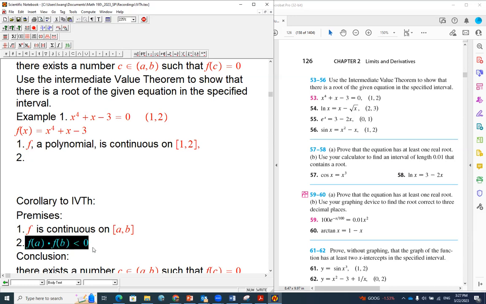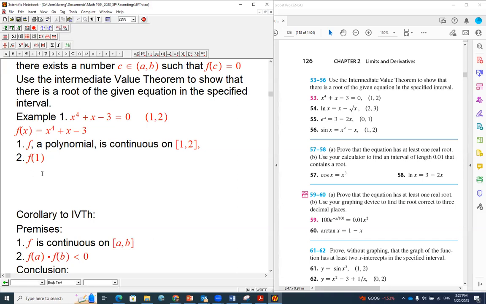the product is negative. So we have to evaluate f of 1 and also f of 2. How do we evaluate f of 1? Replace x by 1: 1 plus 1 minus 3, obviously that's going to be negative.